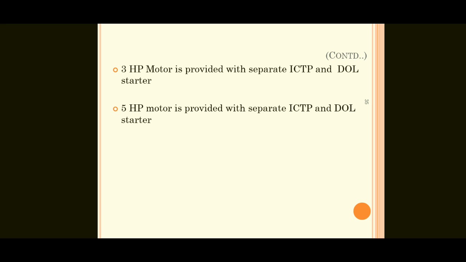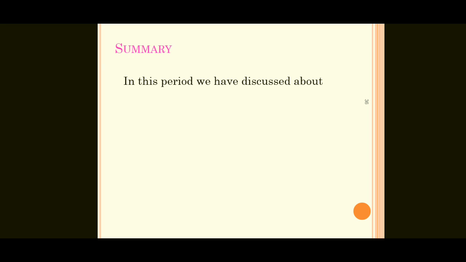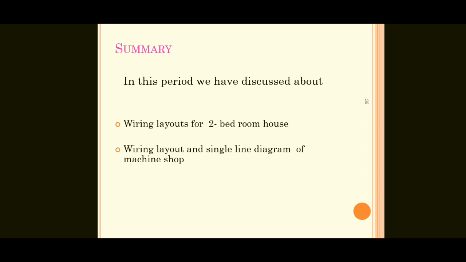A 5 HP motor is provided with a separate ICTP and DOL starter. The output of the DOL starter carries 3 wires. So we have discussed the wiring layout for a 2-bedroom house, and the wiring layout and single line diagram of a machine shop.